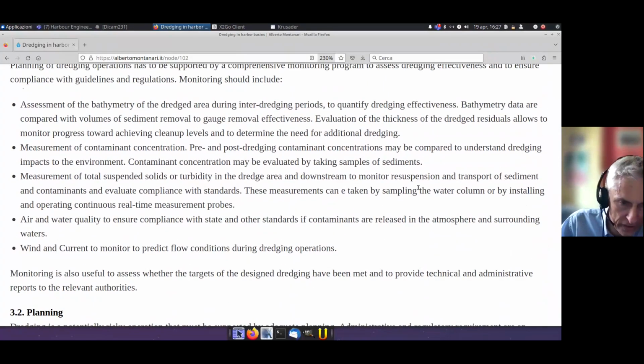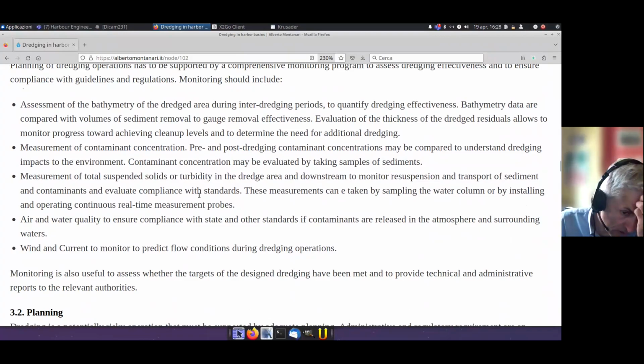We need also to measure air and water quality, and it's also important to elaborate a prediction of flow conditions during dredging operation, for the same reason that I mentioned before, that we have to control in some way the displacement of contaminants into the basin.